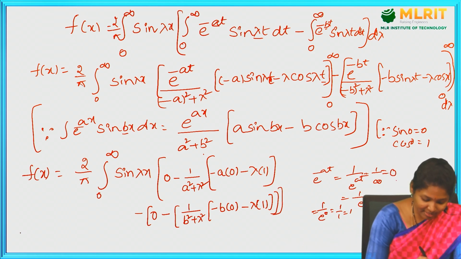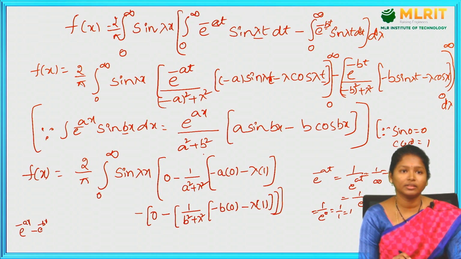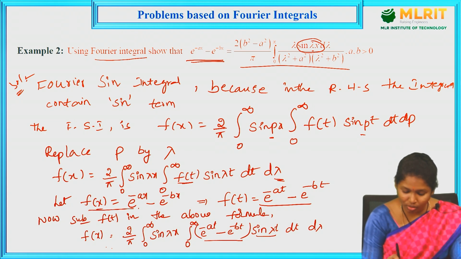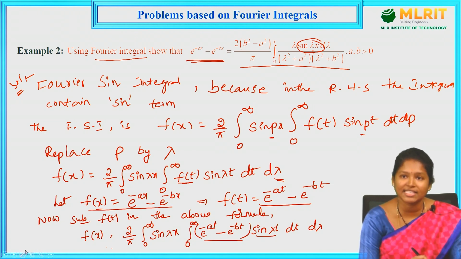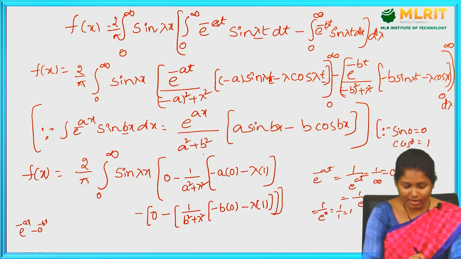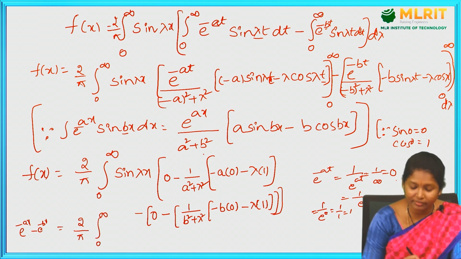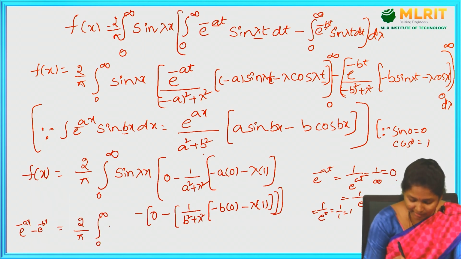So f of x is e power minus ax minus e power minus bx, right? What we have taken here is f of x equal to e power minus ax minus e power minus bx. That only I am writing here. So 2 by pi integral 0 to infinity sine lambda x.